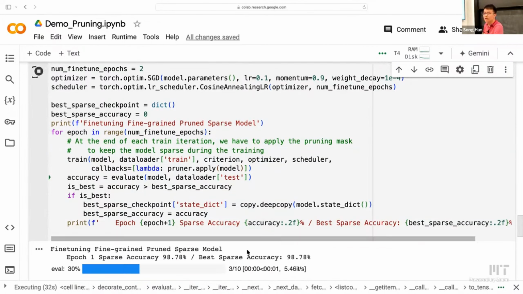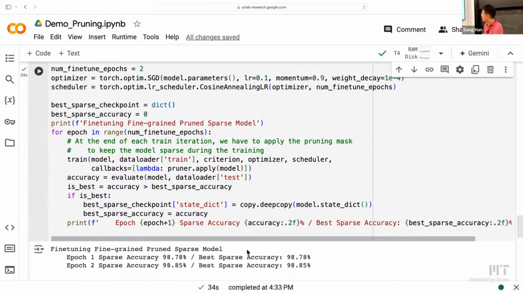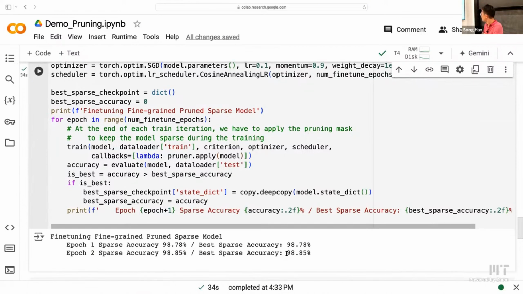Let's fine-tune for another epoch. The accuracy recovered to 98.85%, already quite close to 98.99%. And we have already pruned away 70% of the parameters, with only 30% left.